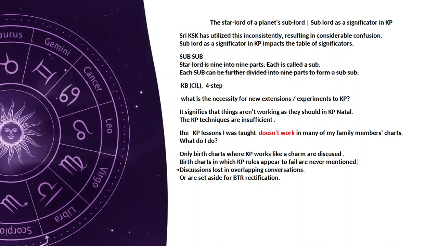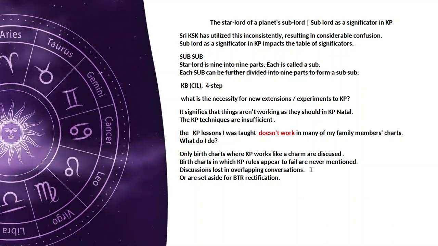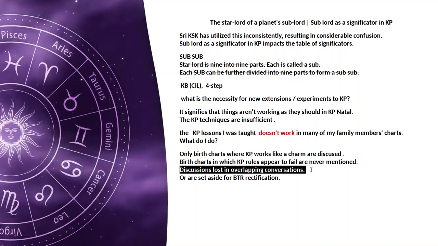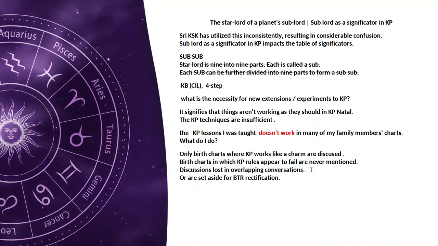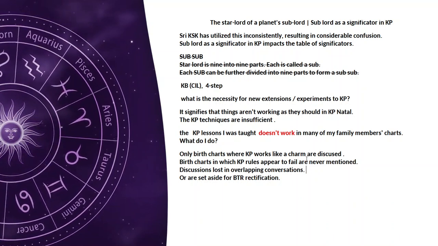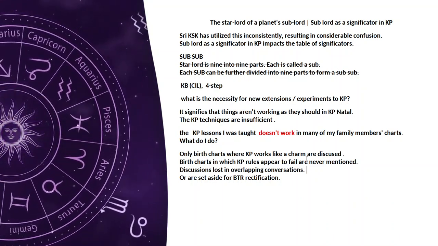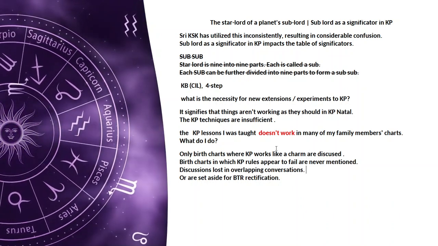But typically, if any chart with some confusion comes up, the whole discussion is lost in overlapping conversation. There is no clarity on what a beginner in KP needs to do when he or she gets stuck with a chart where KP rules are not seemingly working.